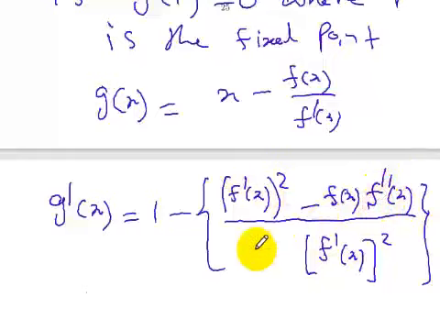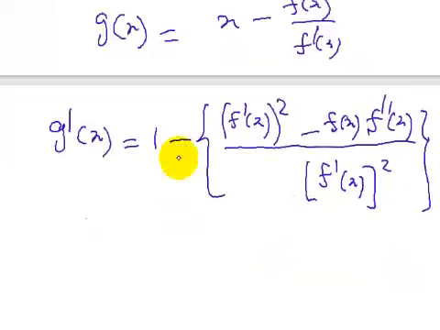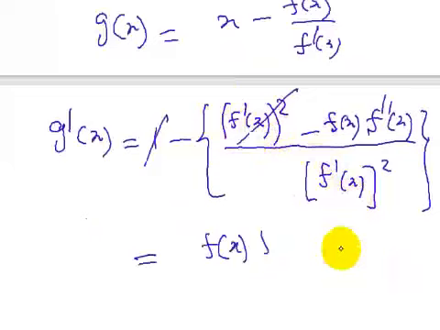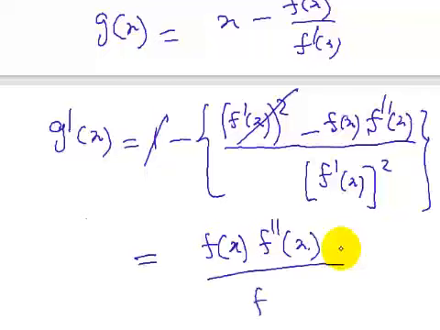We can simplify this: the 1 cancels, and here you have f of x times f double prime of x divided by f prime of x squared.